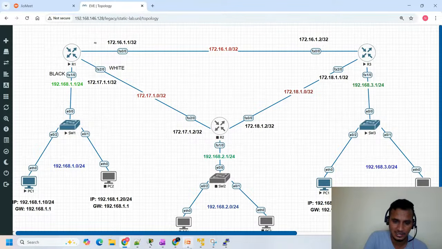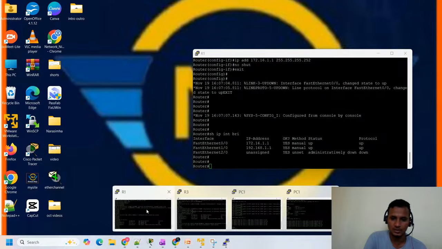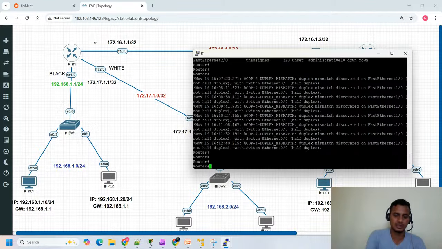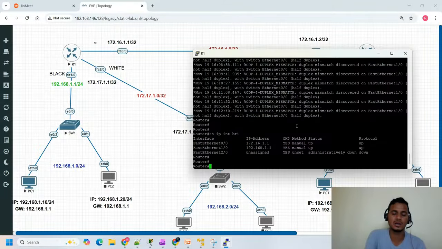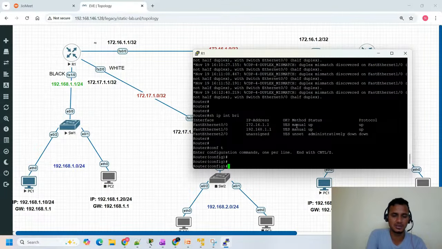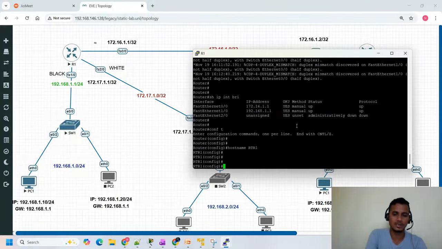Okay, so I'll take router 1. So what is my router 1? This is right. So let me verify, do show IP int brief. So I'll assign the host name as well, guys, or else we'll get confused. Like hostname RTR1. Now let me configure the IP route.